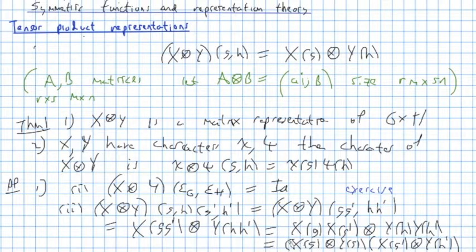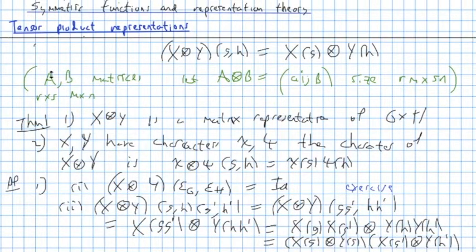And so this first value is the matrix of X tensor Y at GH, and this would be the matrix of X tensor Y at G prime H prime. So just to finish.